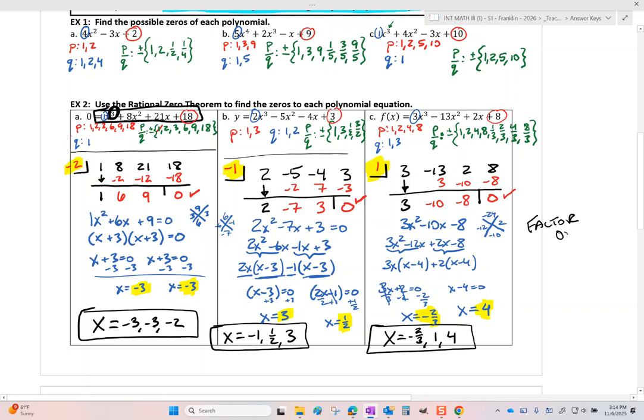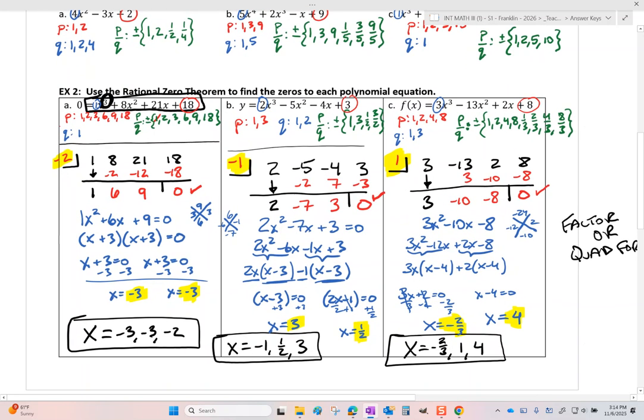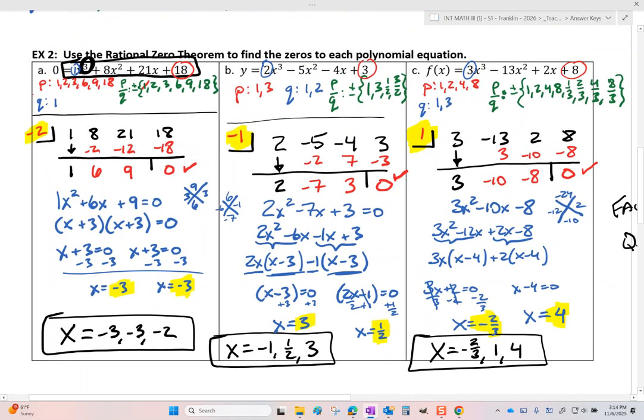So factor or use the quadratic formula. But in most cases, I think factoring is the way to go. Just a little easier maybe, but up to you. And that will let you find the remaining two zeros here. Now, all of your practice problems are cubic equations like this. So this will be the same process you're going to take on your work.